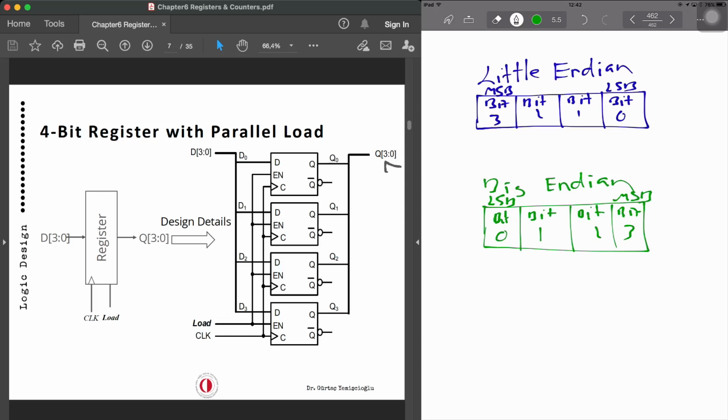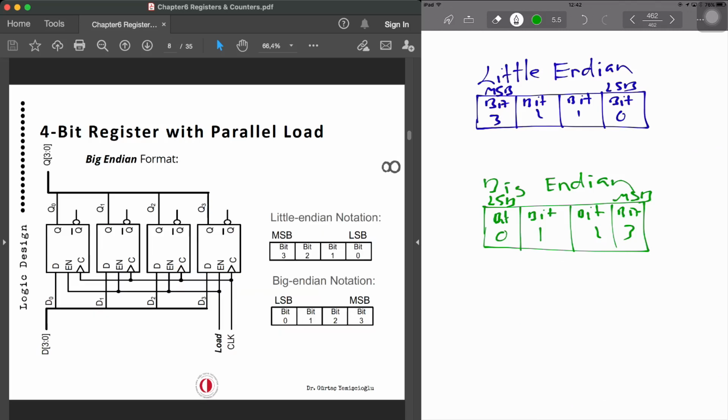So you have to arrange that accordingly so that you can have a little endian or big endian. Okay, so here's an example of a big endian format. As you can see, the most significant bit is on the right-hand side. So this is big endian notation. Okay? And normally, in most of our examples, we are going to use little endian, so most significant bit on the left-hand side.